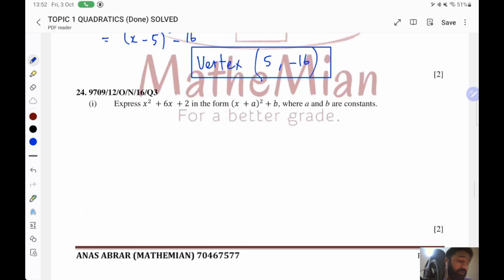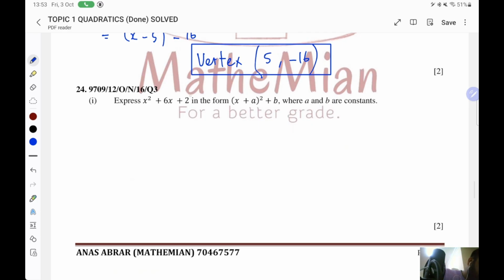Question number 24, which is October November 2016. Question number 3, paper 1-2. This is again a standard form question, and you need to convert it into completed square form. So it will be x square minus 6x. If the coefficient of x square is 1, there is no need to take out any common. The reason of taking out common is the coefficient of x square is not 1.